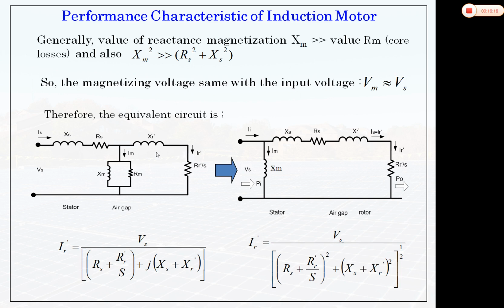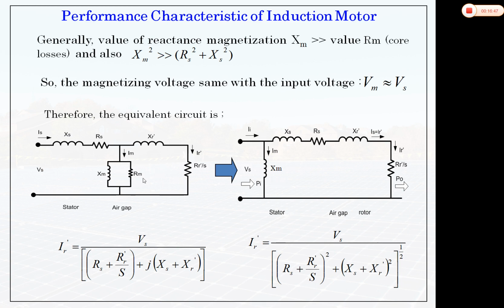Now as I told you, the drop in these two is very small, so we can shift this branch to this side, because whatever voltage is here, the same voltage we assume appears across this parallel branch. Shifting this parallel branch will ease our computation. Here the supply stator voltage is Vs. Input current I am taking as Ii.